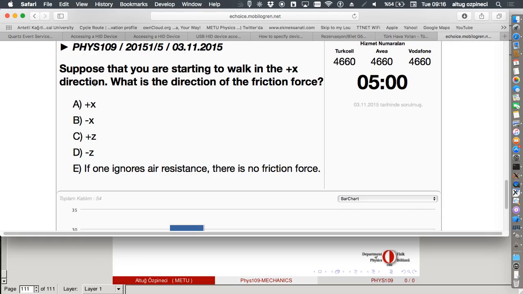I can walk with Newton's, and so when you are walking, my feet apply a force and that pushes against the direction. Okay.